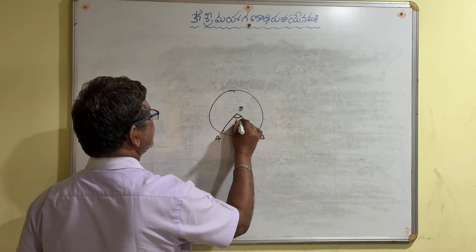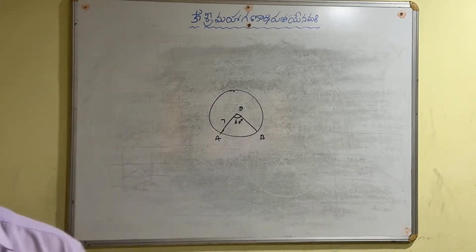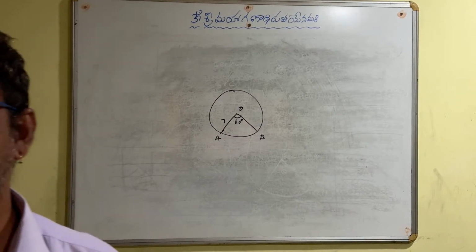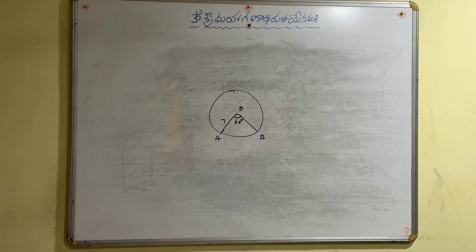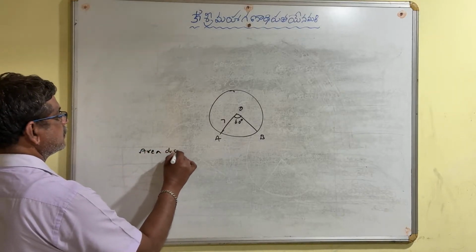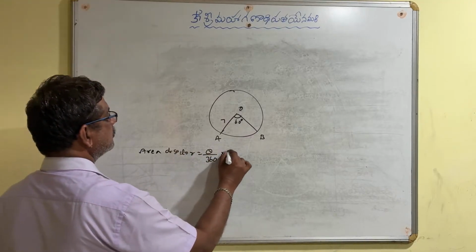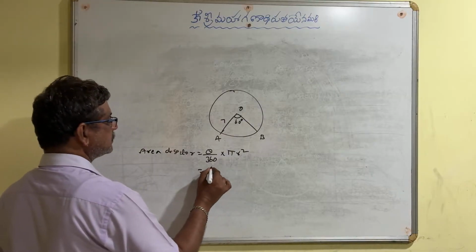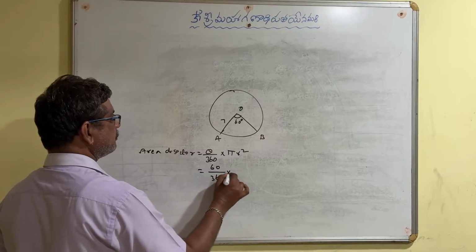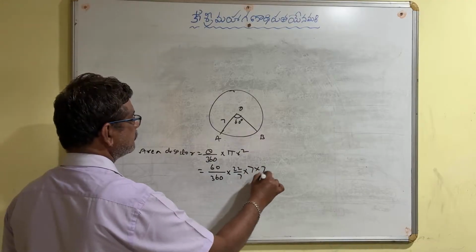With sector angle 60 degrees and radius 7 centimeters, find area of sector, length of the arc. This is the normal question. Okay? Now, how to find out area of sector? Formula is theta by 360 into pi r square. Theta is given 60 degrees by 360 into pi, that is 22 by 7, and radius is given 7.